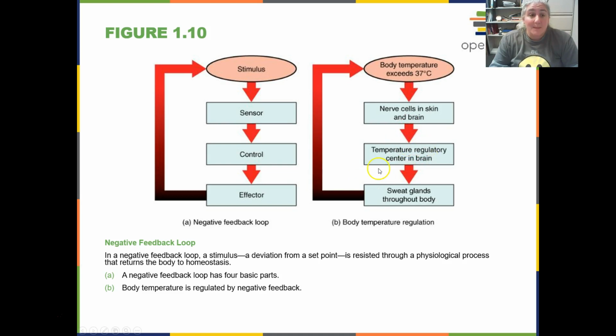The hypothalamus, which is your temperature regulator, then sends a signal to your sweat glands, which are one of the accessory organs of our skin. And the sweat glands start to release sweat. That sweat goes to the surface of our skin and helps to cool the body off. As it evaporates, it pulls away the heat.